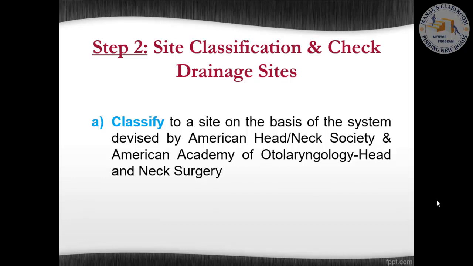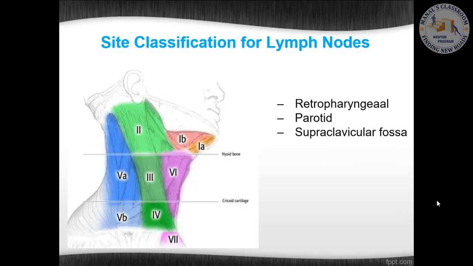Once we pick an abnormal lymph node, first we have to classify to a site on basis of system devised by the American Head and Neck Society, American Academy of Otolaryngology, and the Head and Neck Surgery. So the sites of classifications, at first they make 7 levels. The first level is the submental and submandibular, okay?